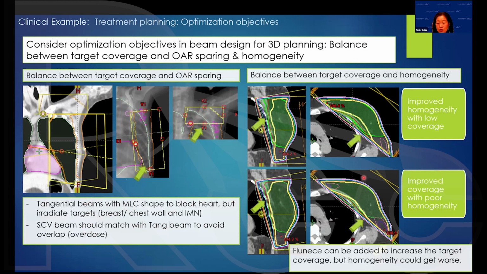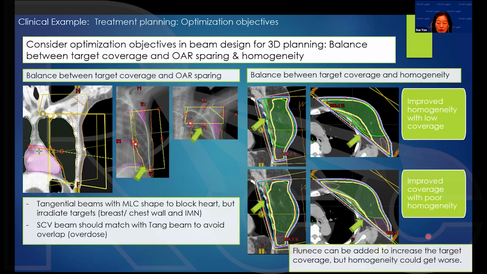Another optimization portion for 3D planning or ecomp field-in-field is the balance between target coverage and homogeneity. So this is 100% here and 95% here and not covering completely. And this area is not completely covered, but 95% covers pretty well. If we want to improve the coverage, we can add more intensity, but then we're going to have higher dose here, so the homogeneity gets worse.